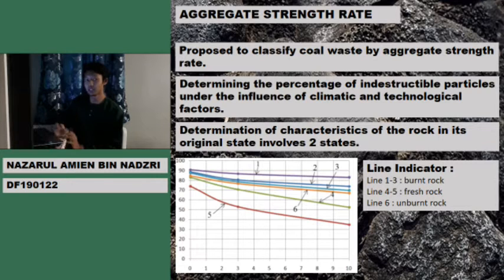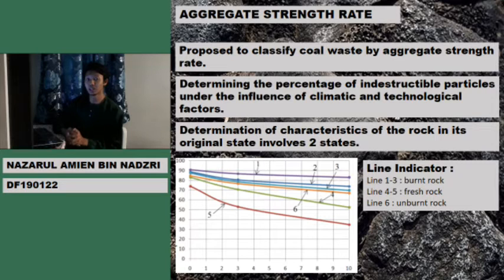Furthermore, the determination of the characteristic of the rock in its original state involves two states, which are the initial state and the final state. For the initial state, it provides 3 cycles of climate impact and compaction effects, while the final state provides 10 cycles of climate impact and compaction effects.